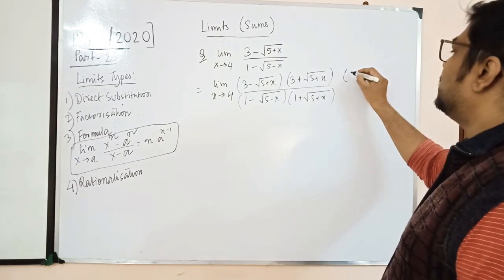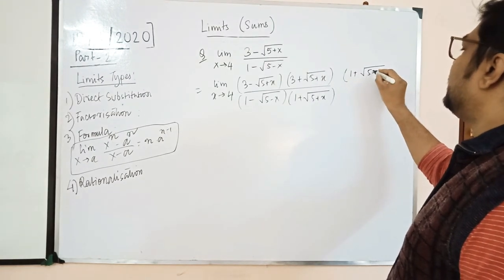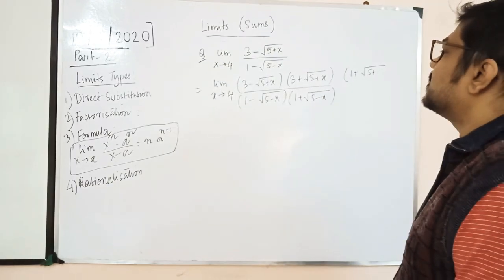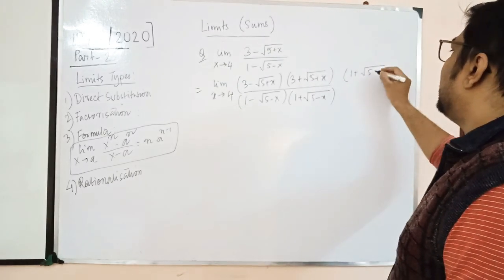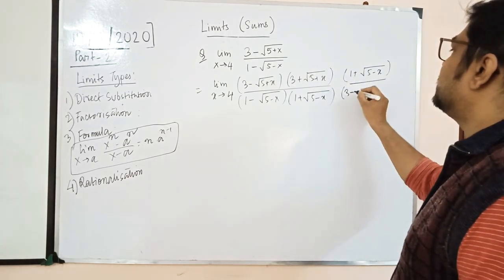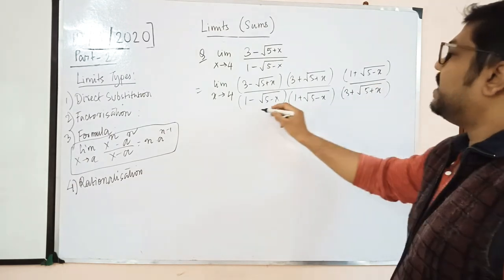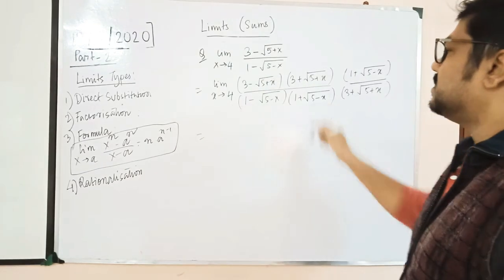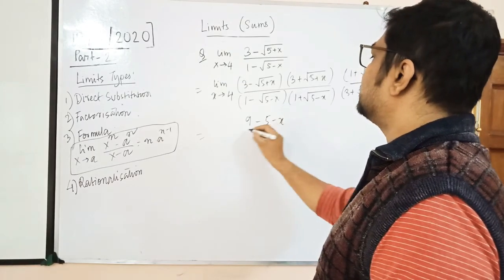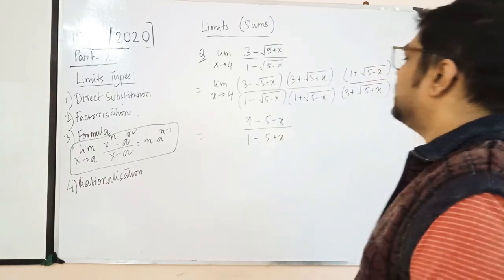That means 1 minus 1 plus root over 5 minus x, and this is the adjustment for this, and the adjustment for this is 3 plus root over 5 plus x. So a square minus b square on the top for this will give you 9 minus 5 minus x, and this 1 minus 5 plus x, right.